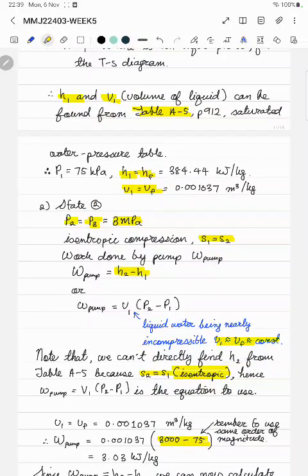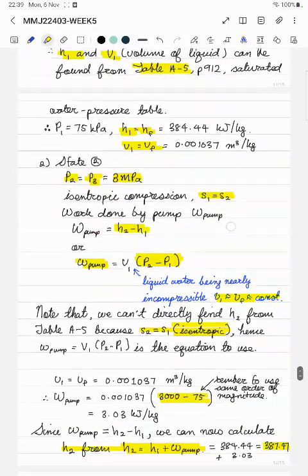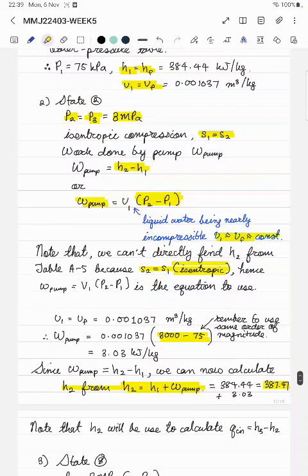So the work done by the pump should be the volume times the difference between the input and the output pressure. The input pressure P1 is 75 kilopascal, and the output pressure is 3 megapascal. If you calculate that, you will have the work done by the pump, with the volume V1f here. Remember to use the same order of magnitude to calculate the enthalpy and entropy.